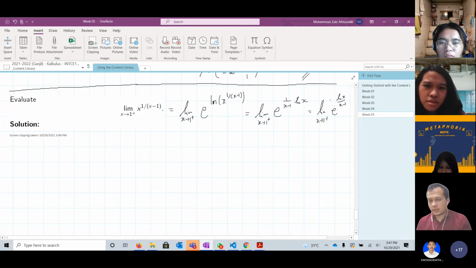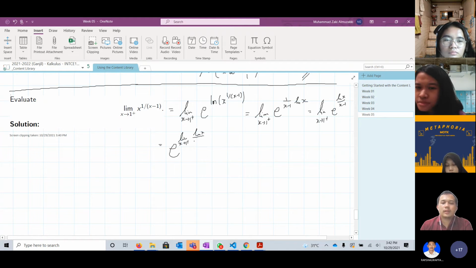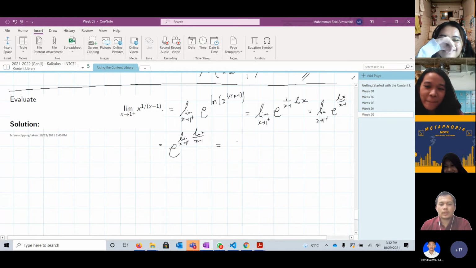So in this case, we will have 0 over 0. So in this case, we move the limit up there. So we have now e power limit x goes to 1 from the right of ln x over x minus 1. We can apply L'Hopital's rule.